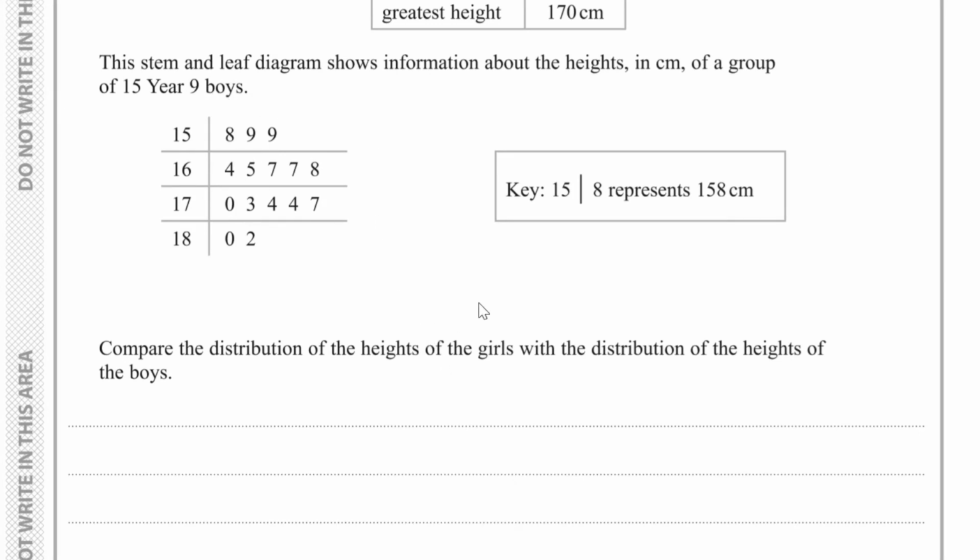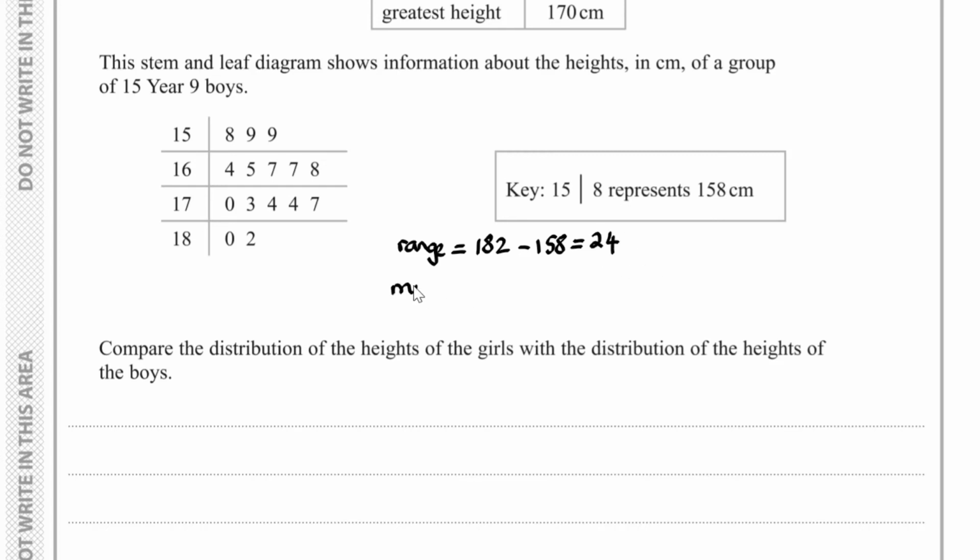Well, we've got this key here, 15 with this line here and an 8, that represents 158 centimetres. So the range of values here, the biggest value, that's 182, the smallest value, that's 158. So therefore the range over here is 24.